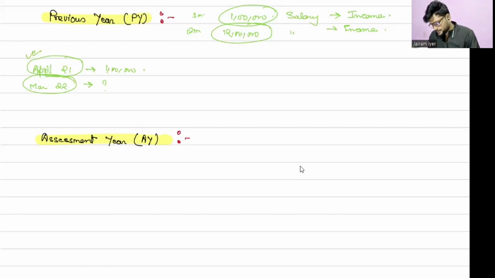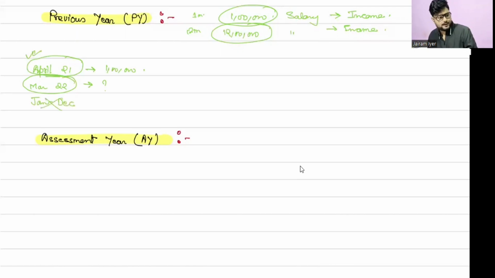So the government has introduced the concept of previous year and assessment year to make things easy for calculation purposes. Always remember, January to December will not be followed.